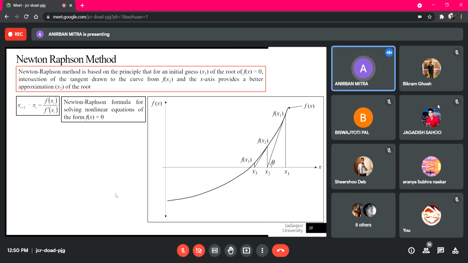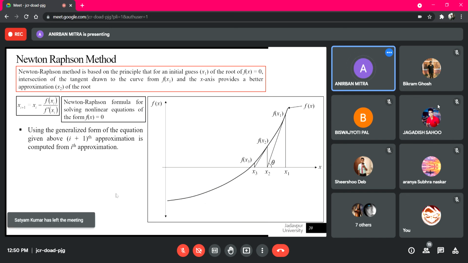This is known as the Newton-Raphson formula for solving nonlinear equations of the form f(x) equal to 0, and it gives the i plus 1th approximation with respect to the ith approximation. xi plus 1 is the i plus 1th approximation, and xi is the ith approximation. That means xi plus 1 is the present approximation and xi is the previous approximation. On the basis of the previous approximation, the current approximation is determined.